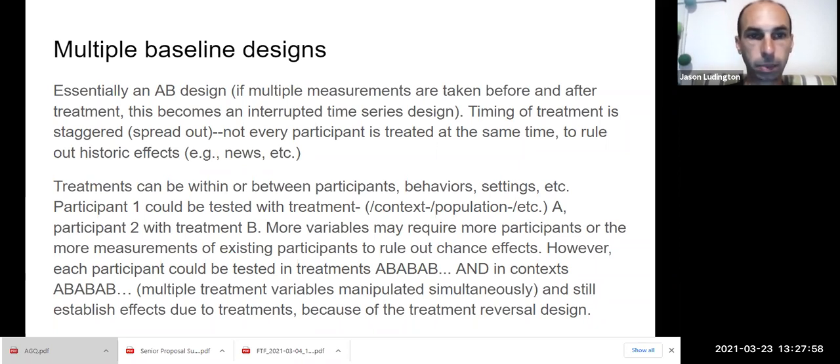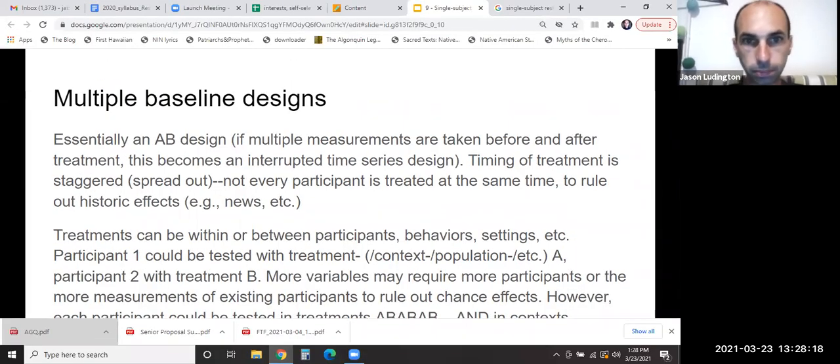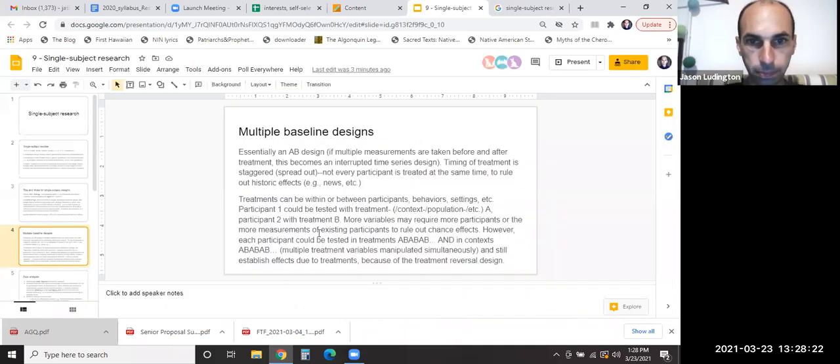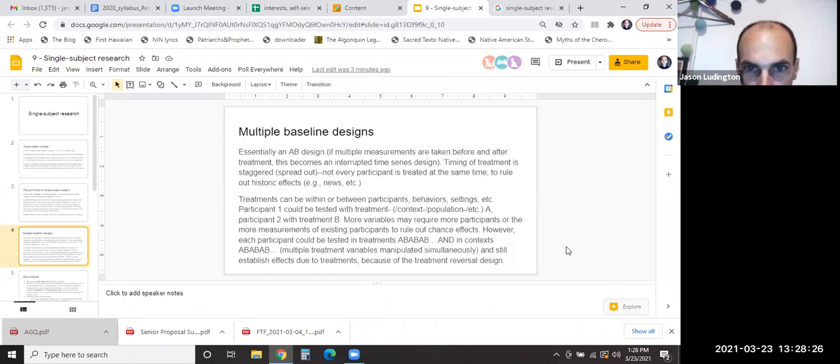However, each participant could be tested in treatments A, B, A, B, A, B, and in contexts A, B, A, B, A, B. So you could run multiple treatment conditions and multiple contexts, which means multiple variables or multiple kinds of variables, all at the same time.